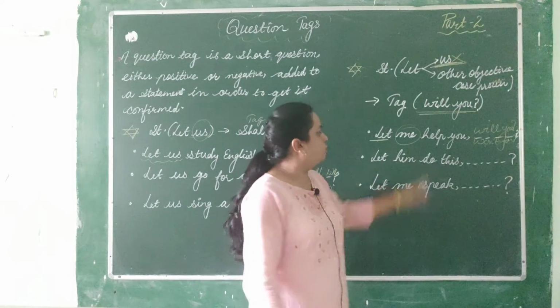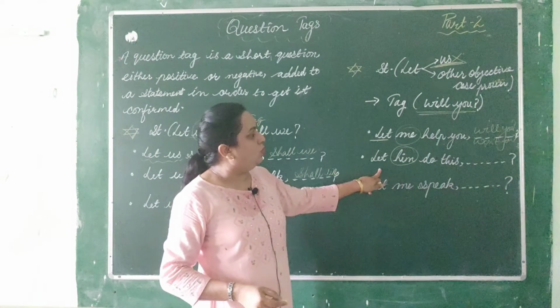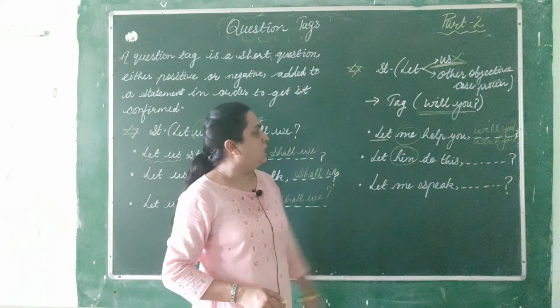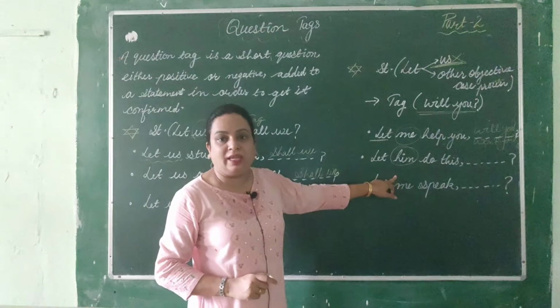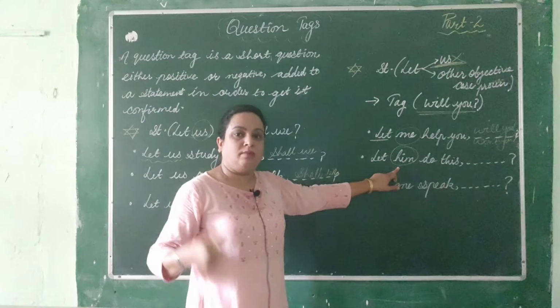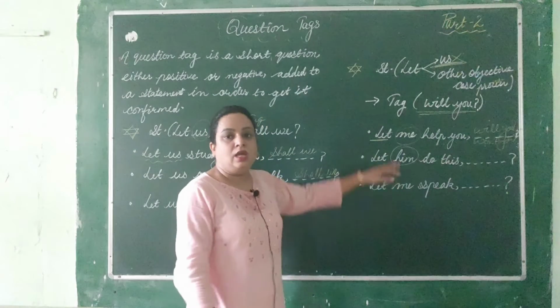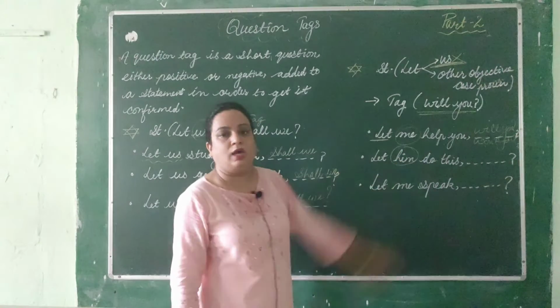Next is: let him do this. Now it is not "us", it is "him". So what will you use here? "Will you", not "will he". कि यहाँ तो "him" दिया है तो "him" के हिसाब से हम लोग subject object जो pronoun है वो लगा देते हैं. इसका fixed rule है कि आपको क्या use करना है यहाँ पे, "will you" या "won't you".